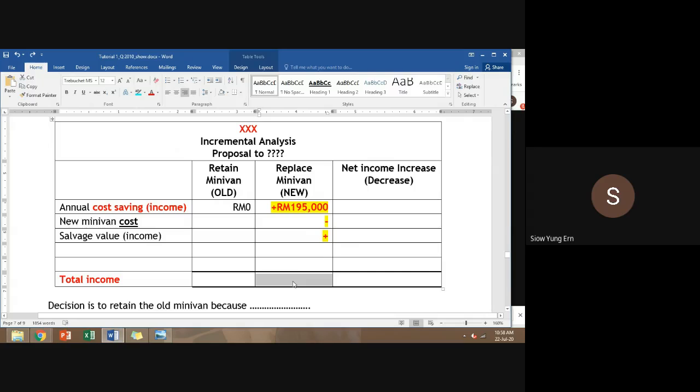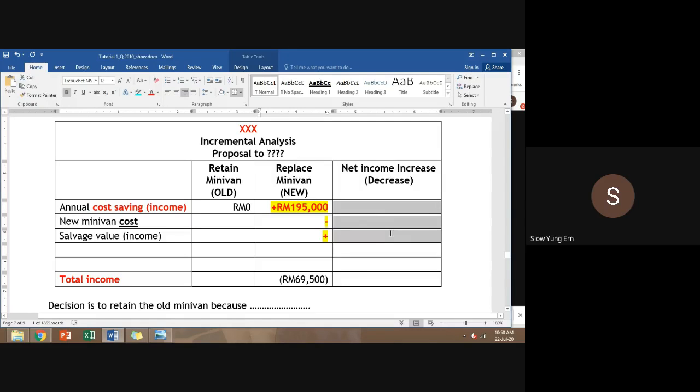What about the new one? Correct, it's a negative. If you look at the figure, you will get a negative 69,500. So basically, it is negative because your new minivan cost is very, very high.